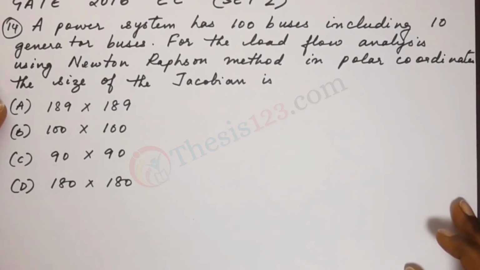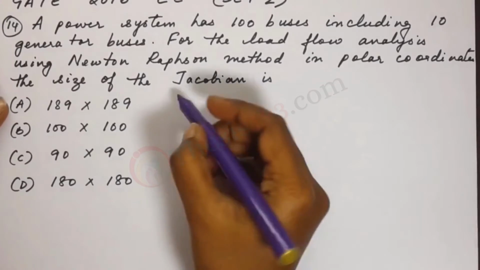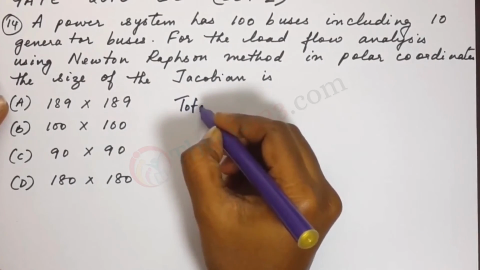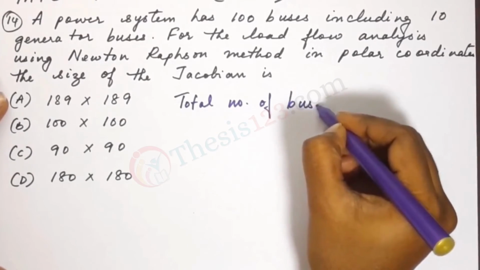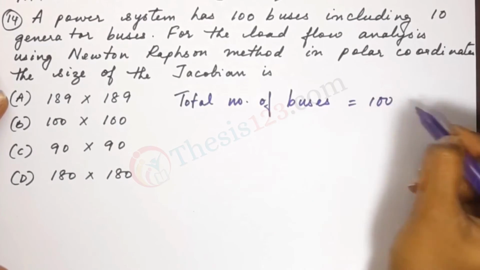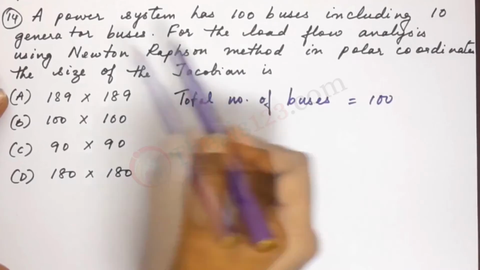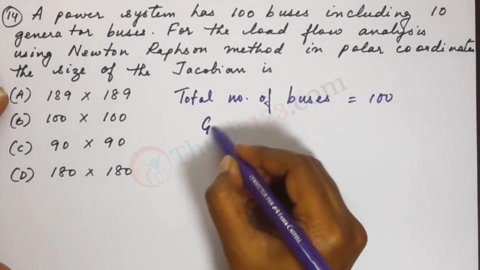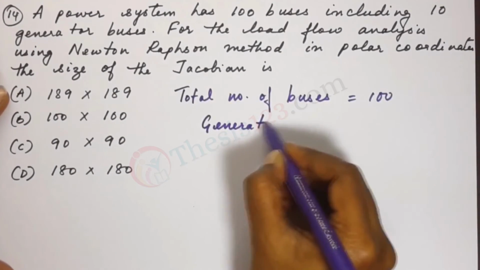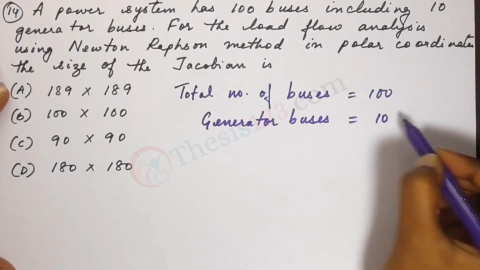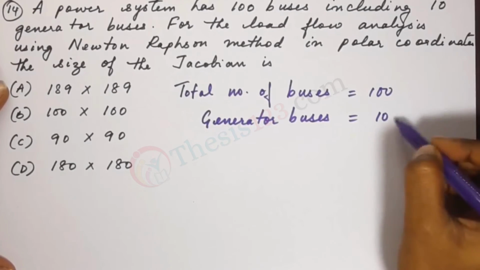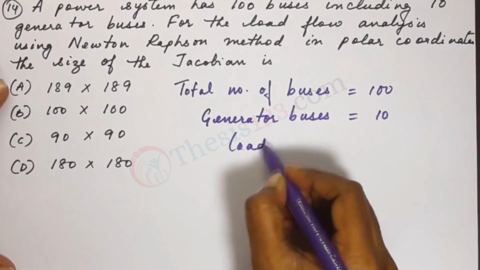So the power system has 100 buses. So the total number of buses is 100. The question says that 10 generator buses are included. So generator buses 10, which means that the remaining buses are load buses.